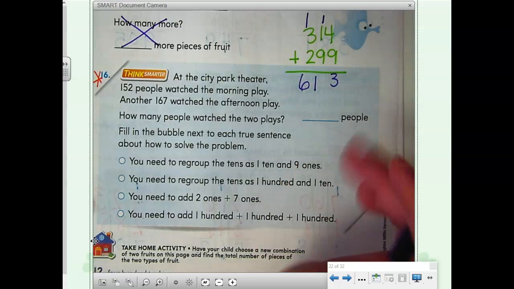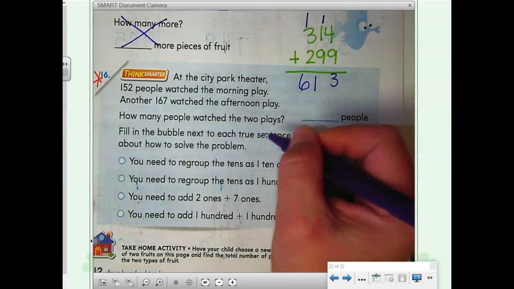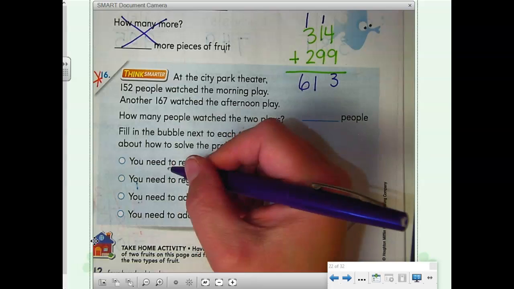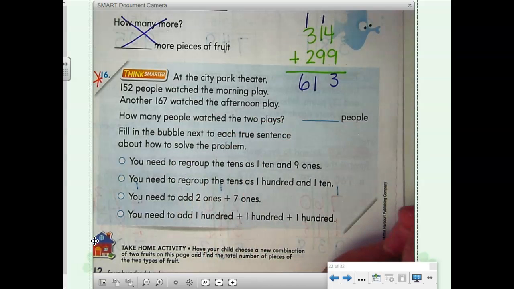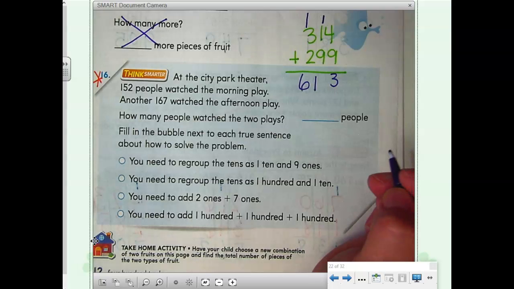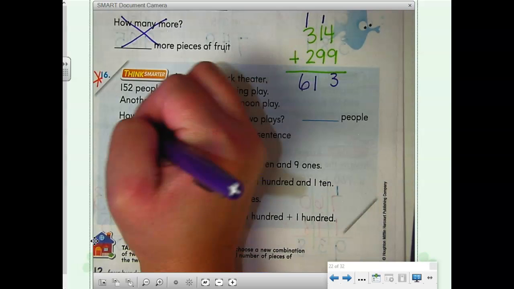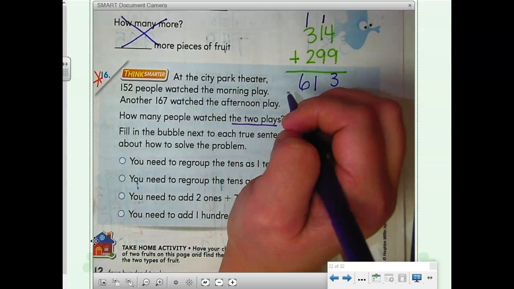How many people watched the two plays? Fill in the bubble next to each true sentence about how to solve the problem. All right, guys, what question are we answering? All right, how many in all? We're adding, so how many people watched the two plays?